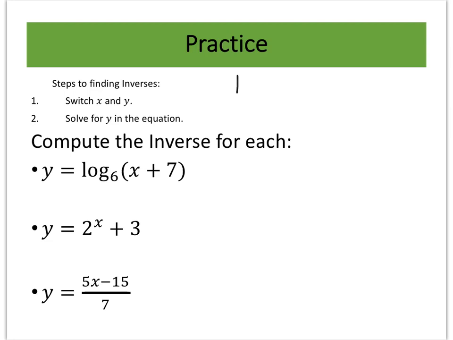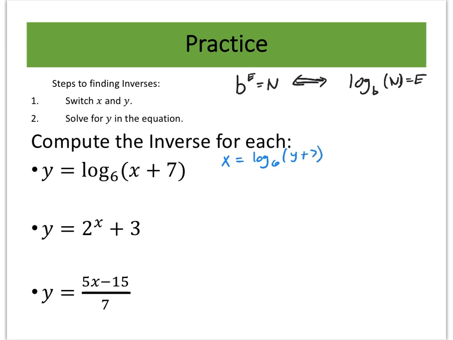I'm going to write that property again. Base to the exponent equals the number is the same as log base b of the number equals the exponent. And we're going to practice with these three. So I'm going to switch the x and the y. x equals log 6 of y plus 7.